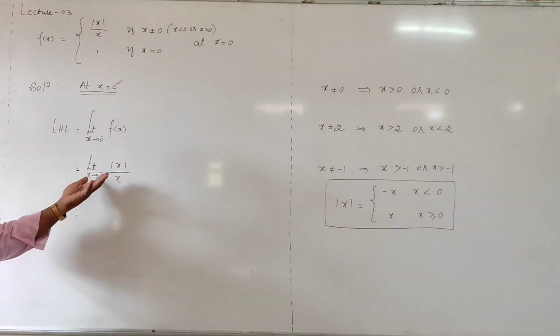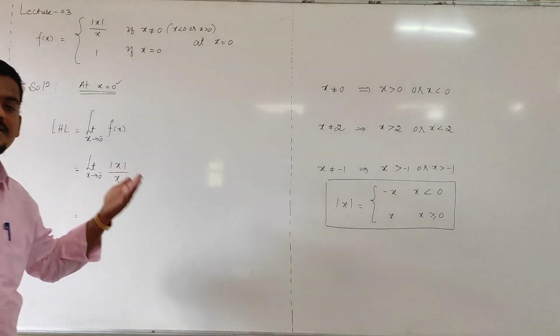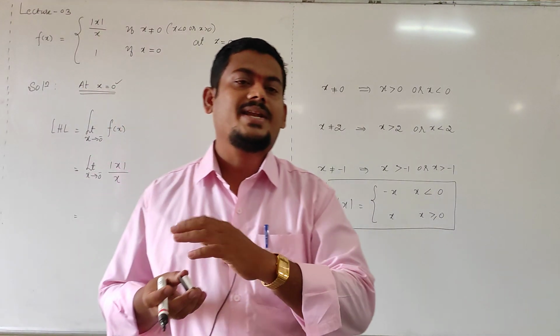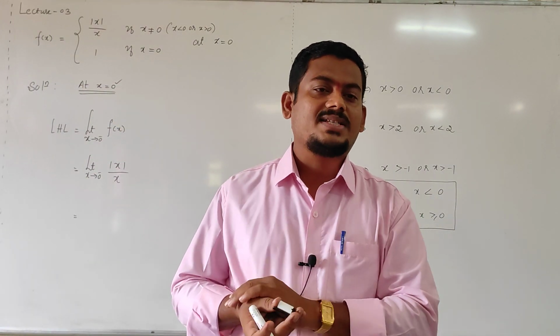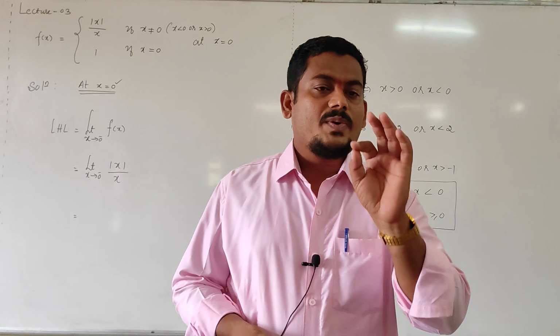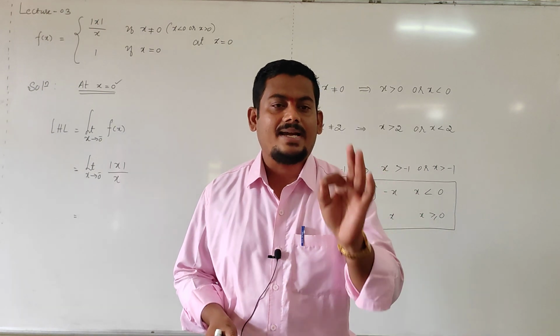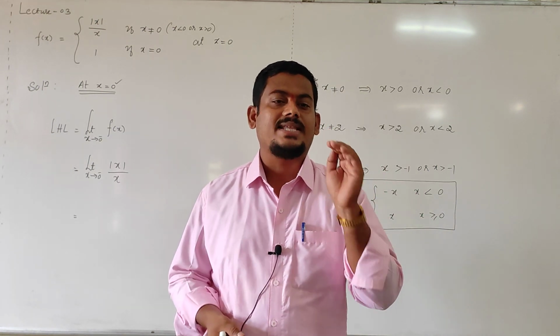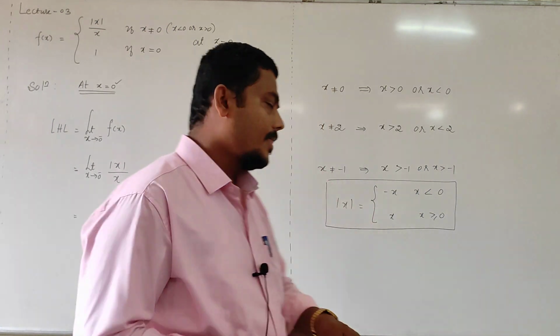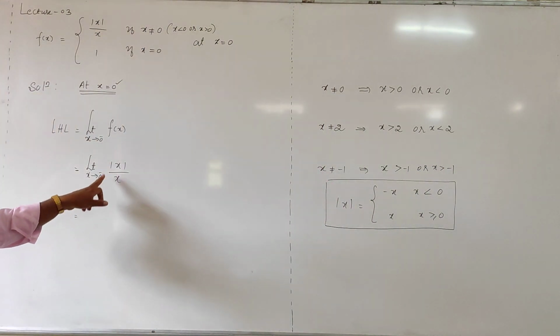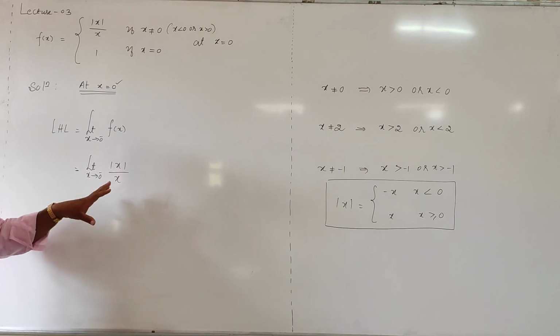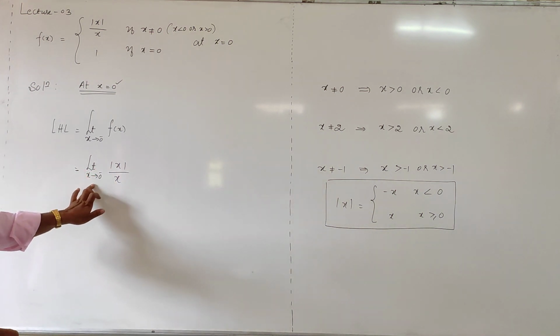Now x tending to 0 minus is there. What is the meaning of tending to 0 minus? If you write a negative sign on the head, it indicates less than that value, right?